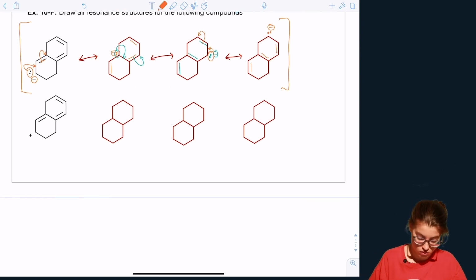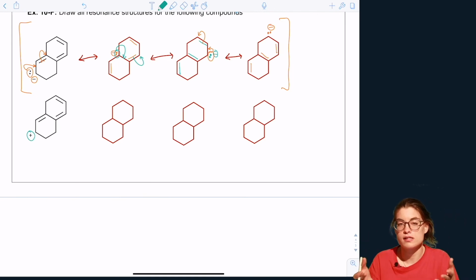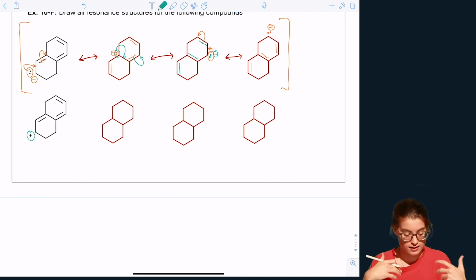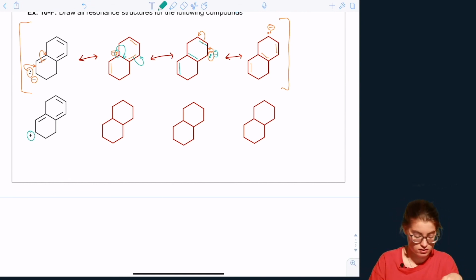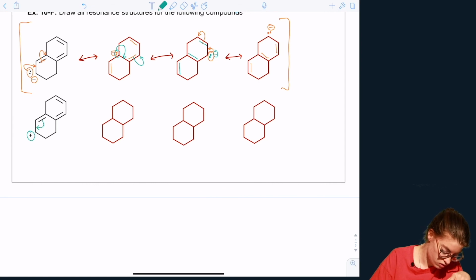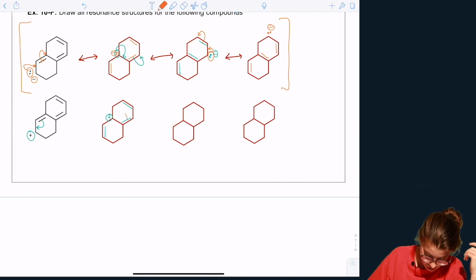So the next one, we have a positive charge. When I am doing resonance with a positive charge, I like to think of opening the door of a pi bond towards the positive charge. So I can do that, which means my positive charge is now here. Can I move it again? Yes, I can.